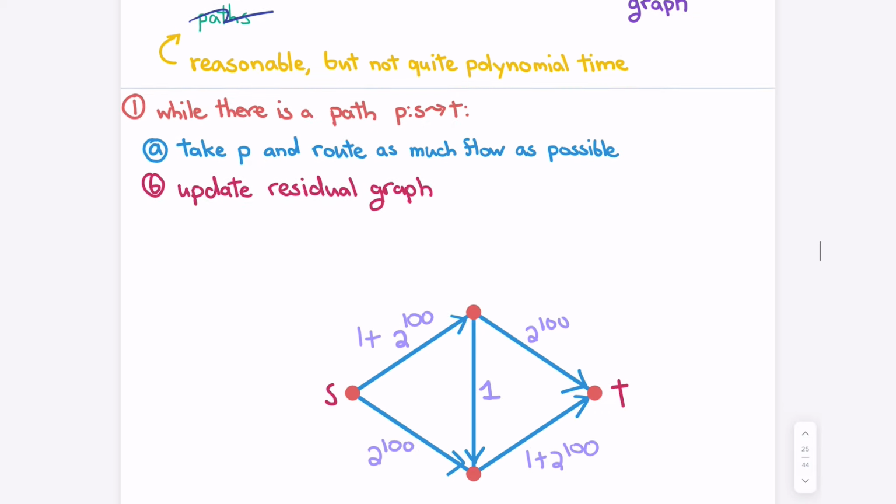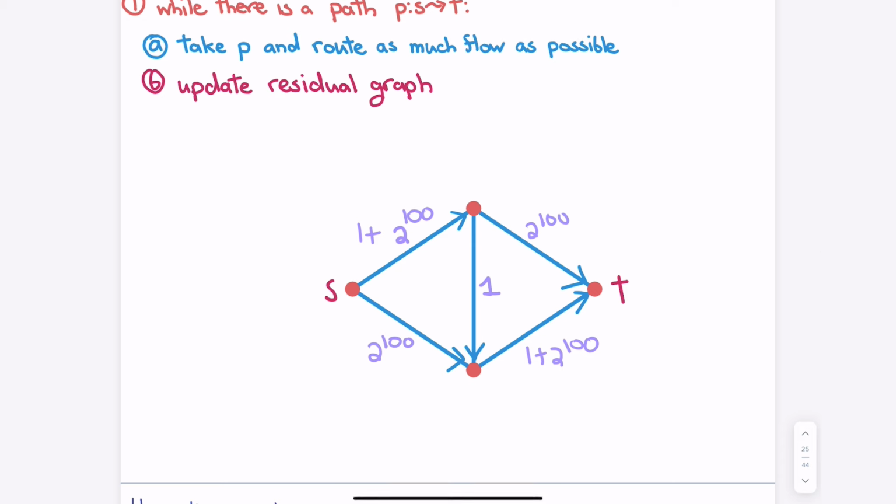Okay, it's going to be the same sort of counterexample that we had before. Let's look at this graph here. So I have these massive edges all around the side and a relatively useless edge in the middle. And if you're not careful, then you're going to route one unit of flow, then you're going to get one capacity in the backwards direction.